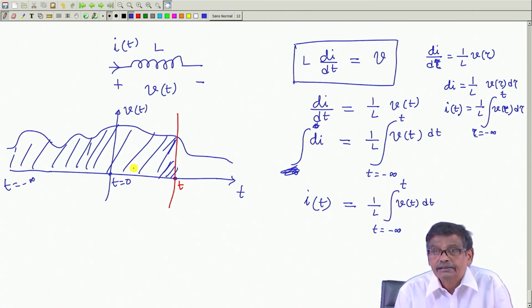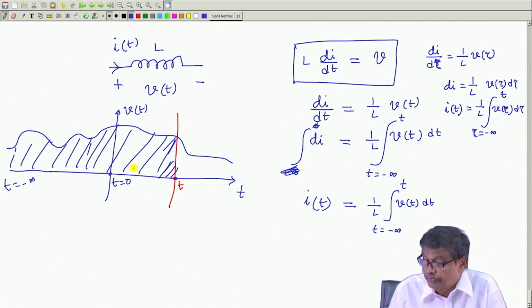Unlike resistance, resistance cannot remember anything. The present value of the current is the present value of the voltage applied divided by resistance. But for inductance, it is a different ball game altogether.